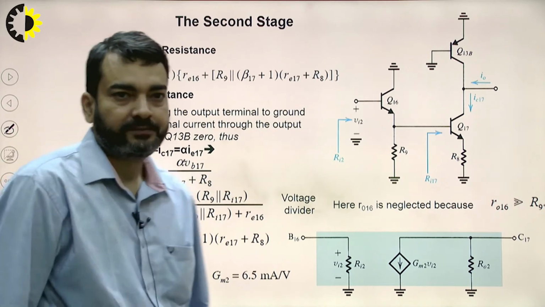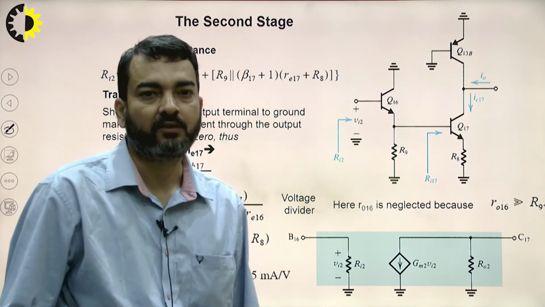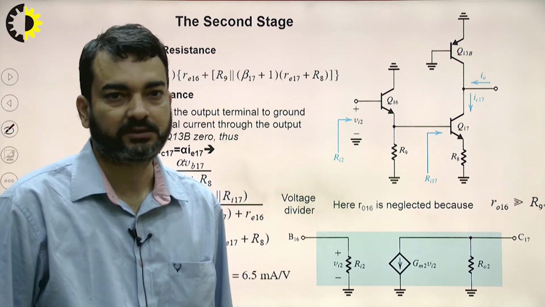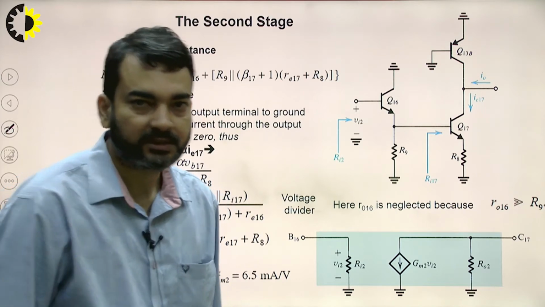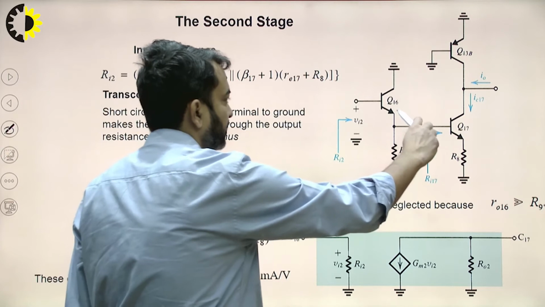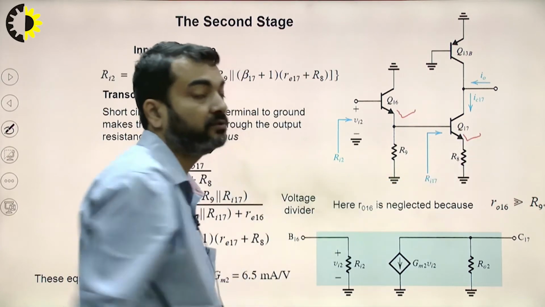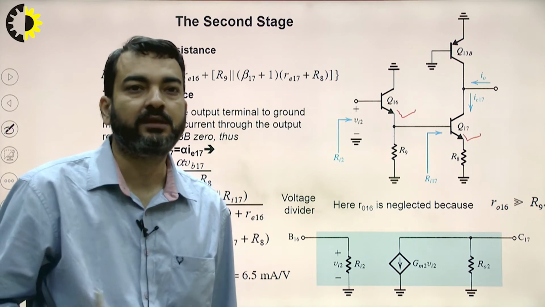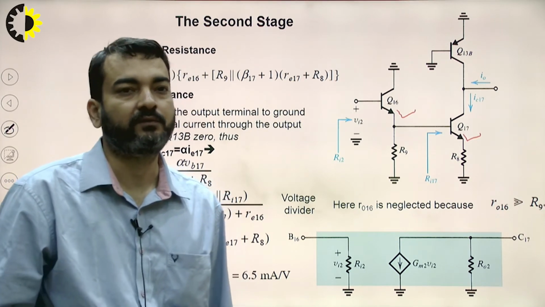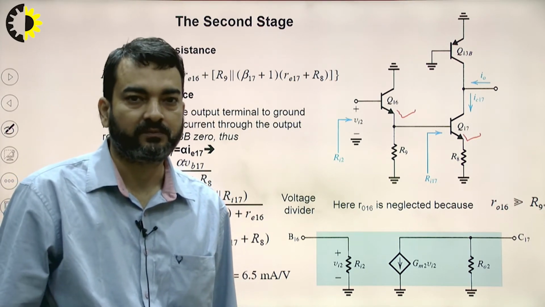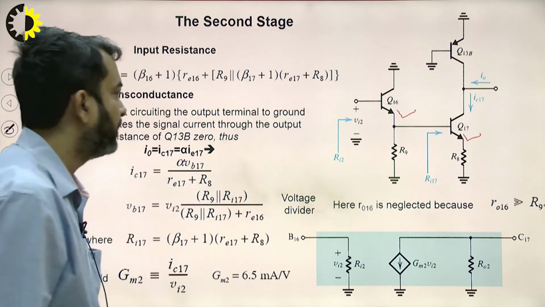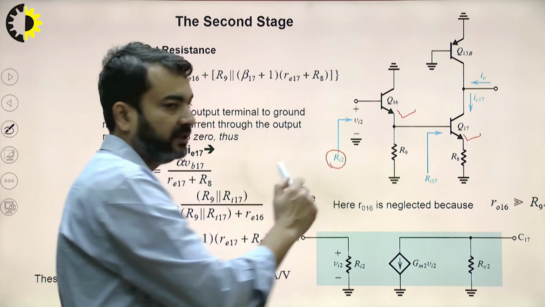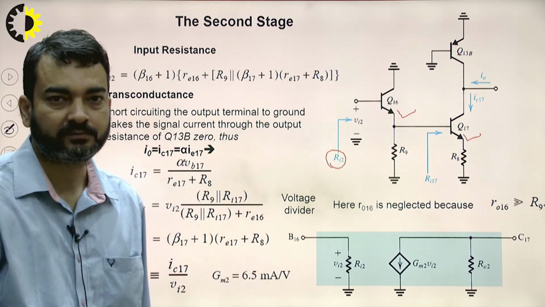In the same way, we have calculated the same three parameters for the gain stage, that is the second stage. The gain stage comprises transistors Q16 and Q17 and it is responsible for realizing the bulk of the gain of the 741 IC. So again here we have calculated the input impedance of the gain stage, which is denoted as Ri2.